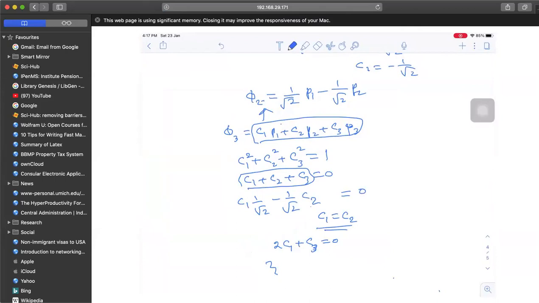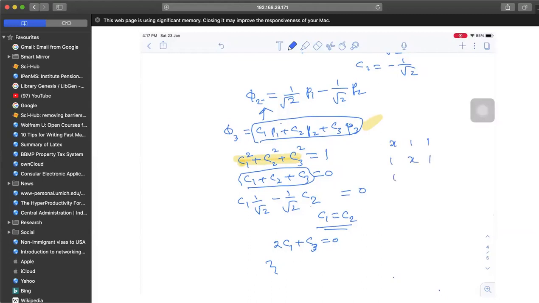So where were we? Well, let me just repeat. Phi 3 is given by this expression. Then phi 3 is normalized, which implies that C1 square plus C2 square plus C3 square must be equal to 1. Further, the matrix equation was x, 1, 1; 1, x, 1; 1, 1, x, multiplying C1, C2, C3 must be equal to 0.